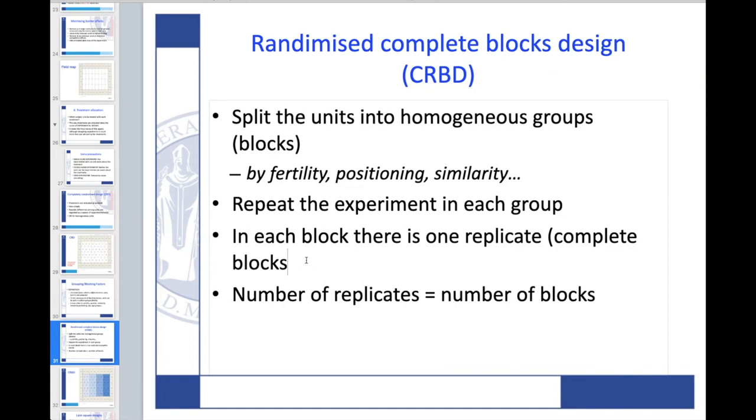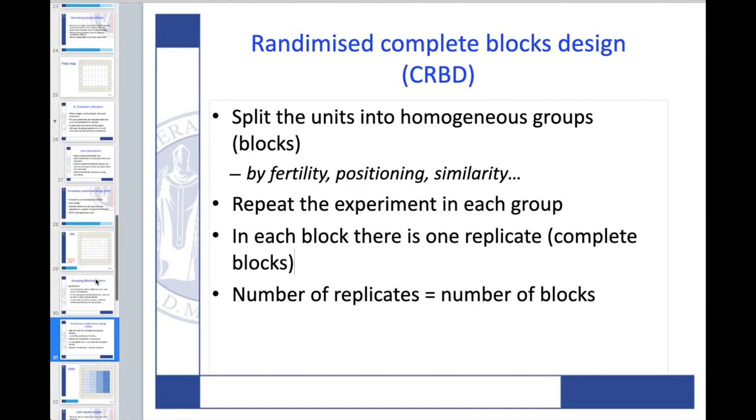In some cases, we can adopt incomplete blocks, but I'm not going to talk about these complex experiments. So if we have as many units in a block as there are treatments, it is clear that one block is one replicate, and we have as many blocks as there are replicates in the experiment.